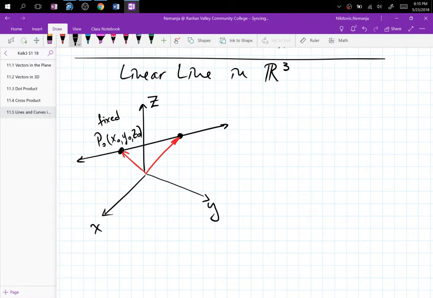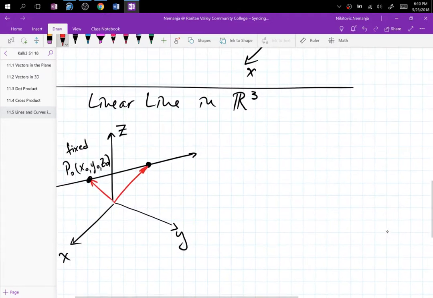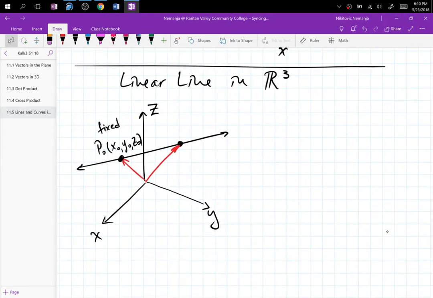And this red vector here on the left is going to be called the R0 vector, which is x0, y0, z0, because that's the terminal point that it hits.